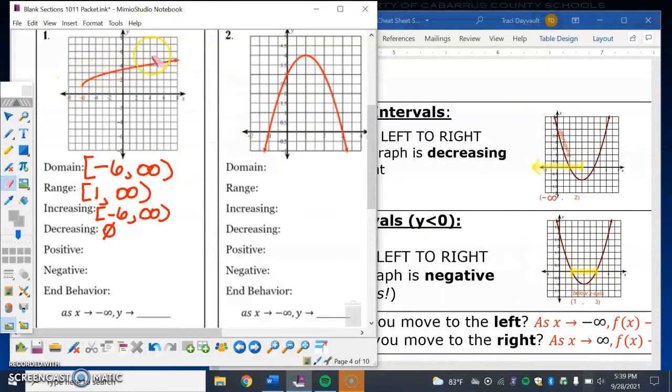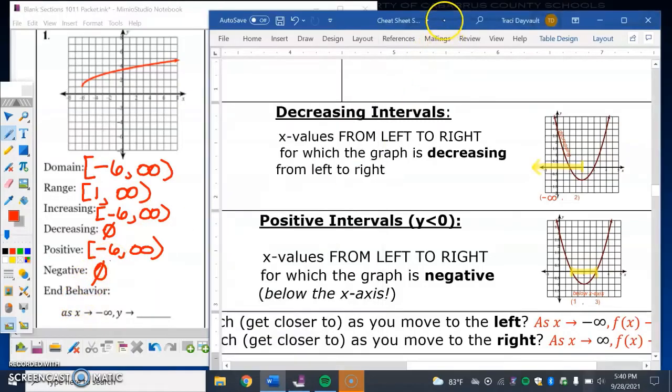This entire function is above the x-axis, so all of our y values for this function are positive. So the x values, again, when you tell these intervals, you're always going to use the x values. It is never negative. So we're going to put that 0 with a line through it.